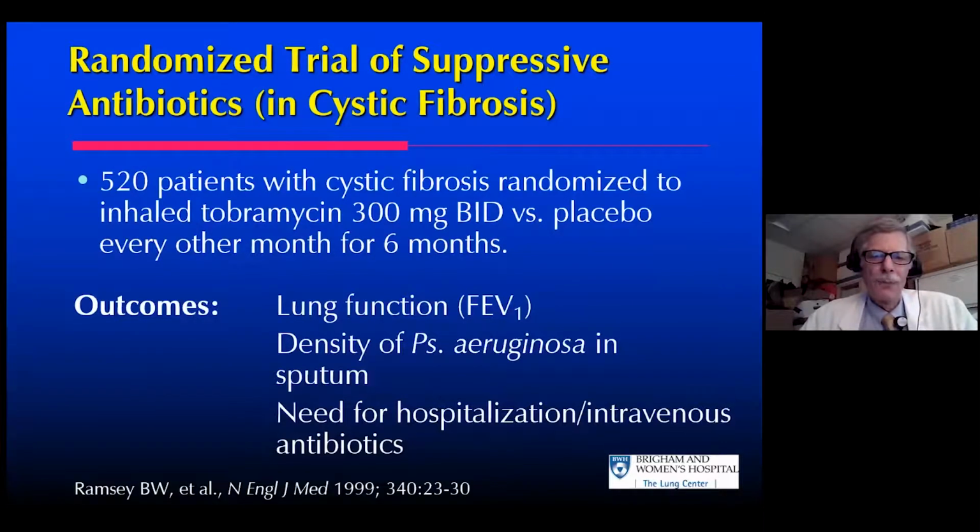Here they gave tobramycin 300 milligrams by nebulizer twice a day versus placebo. They did every other month, one month on, one month off, hoping to forestall the emergence of resistant pathogens, resistant Pseudomonas. And they monitored lung function, the density of Pseudomonas, and the frequency of exacerbations.